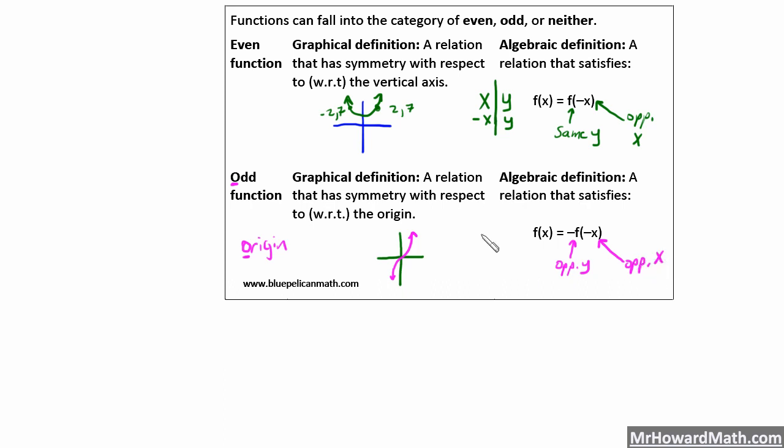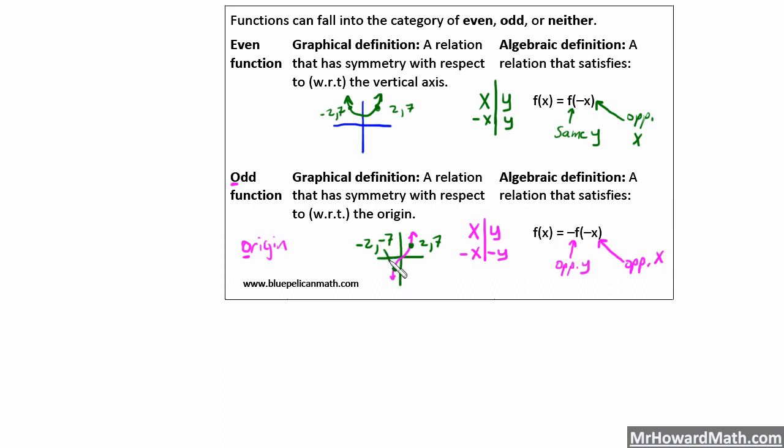So when we look at a table, if we have an odd function, we will have an x and a y coordinate, and we will also have the opposite of this x, negative x, paired with the opposite of this y, negative y. For example, if we look at this cubic graph and we have the point 2 comma 7, we will also have the point down here, negative 2, negative 7.